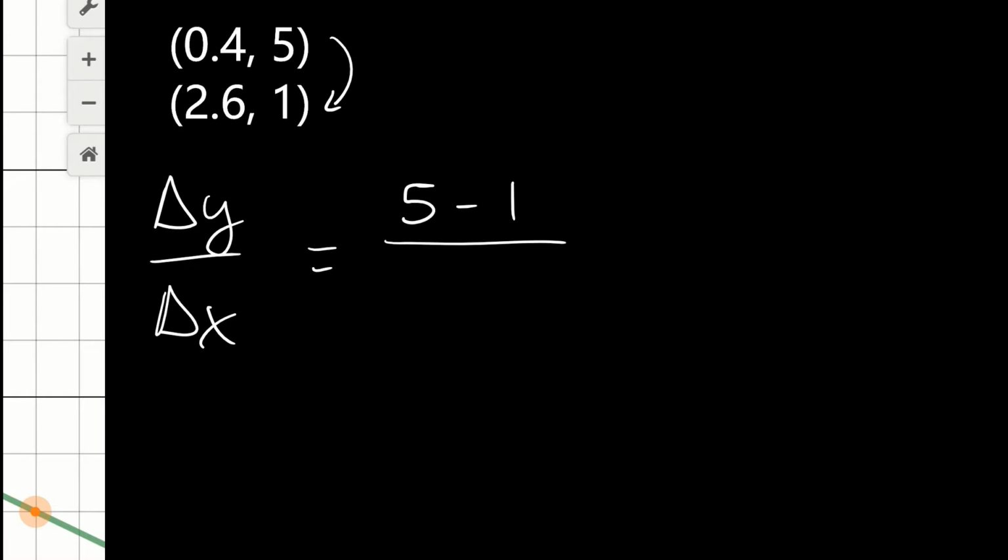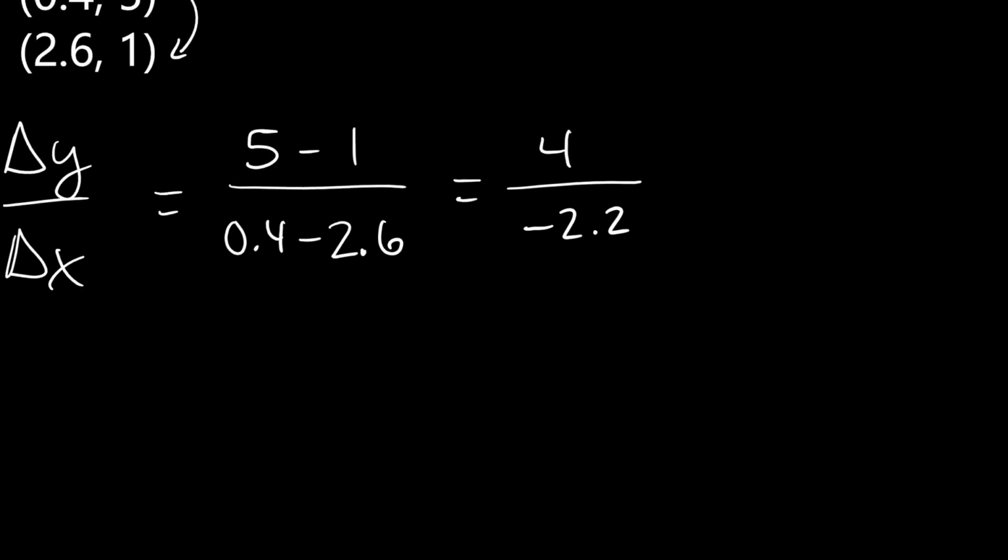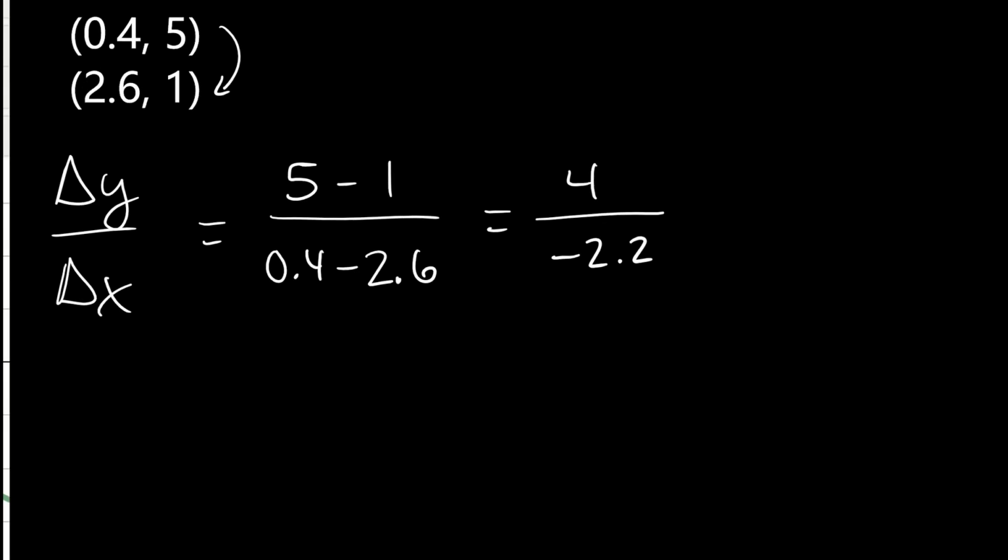Then for my change in x, I'm going to write 0.4 and subtract 2.6. So my numerator ends up being 4. My denominator is going to be negative, in fact I think it's negative 2.2. I could finesse with that a lot, but in this setting I'm just going to take 4 and divide it by negative 2.2.